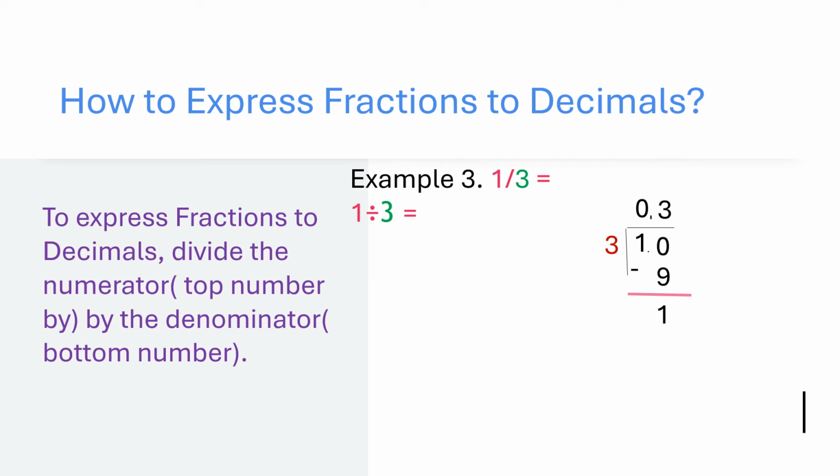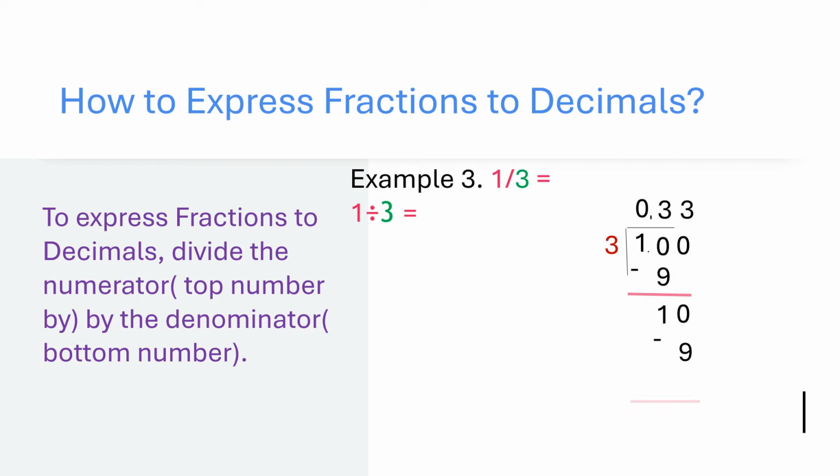And it's not 0 yet, so we can add another 0 and bring it down. And then 10 divided by 3 is 3 again. And then multiply 3 times 3, it's 9. And then subtract.